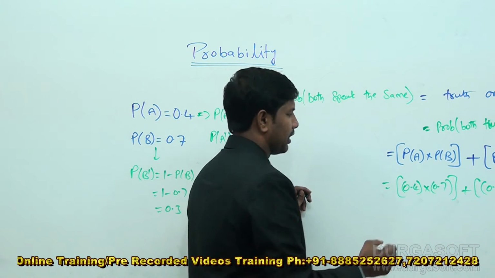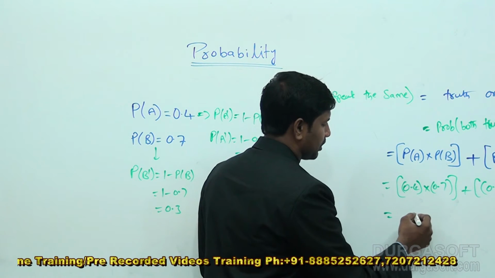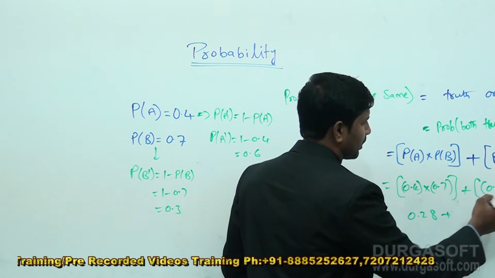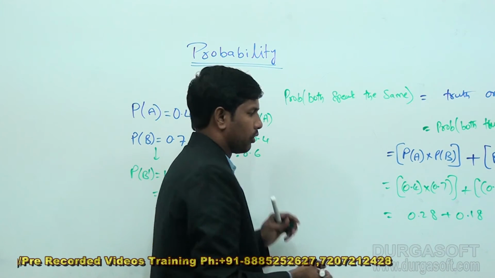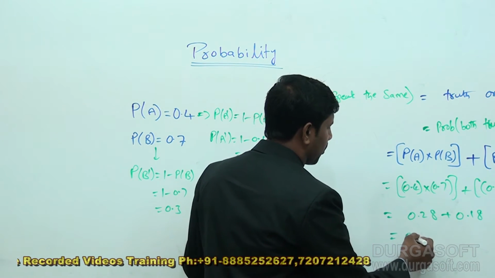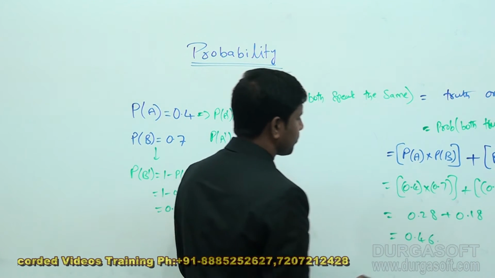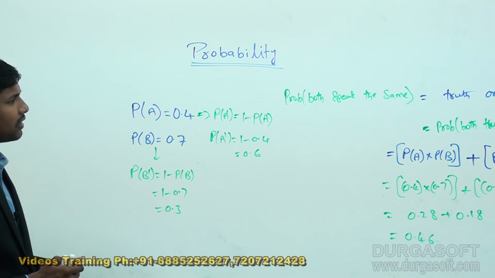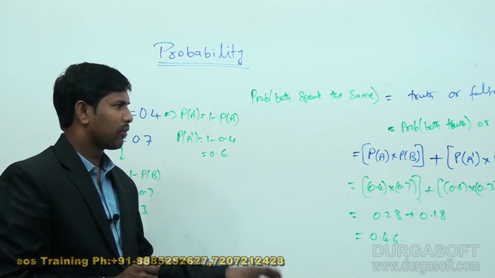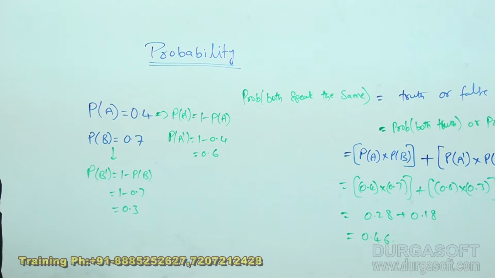So when we calculate these values, it is equal to 0.28 plus 0.18, which is nothing but 0.46. So in this way, the probability that they both speak the same, whether true or false, is 0.46.